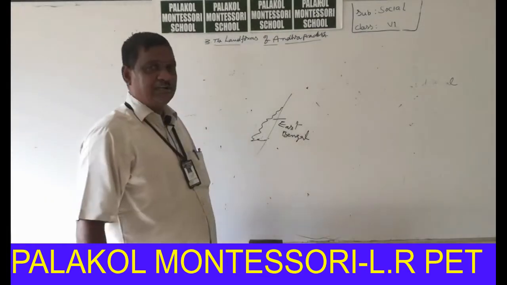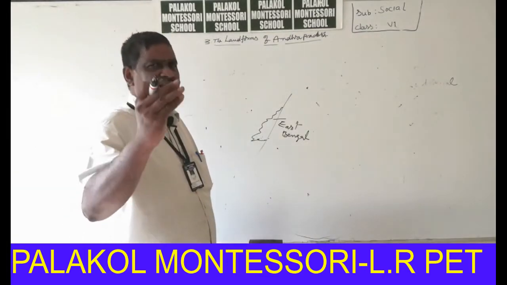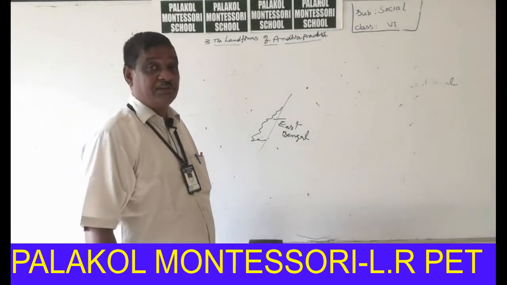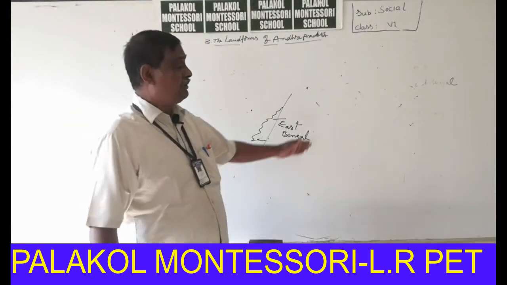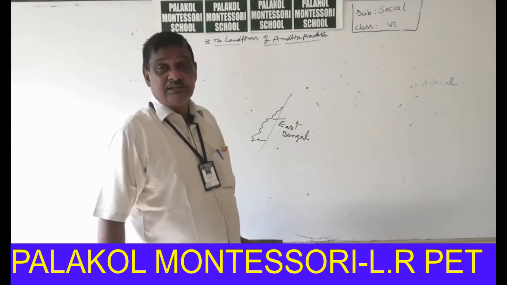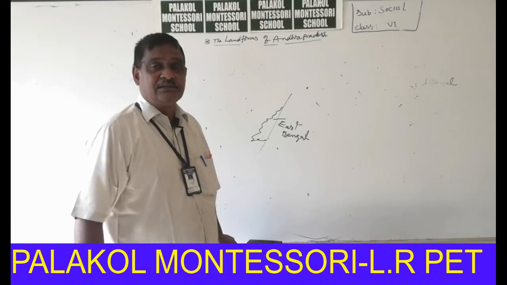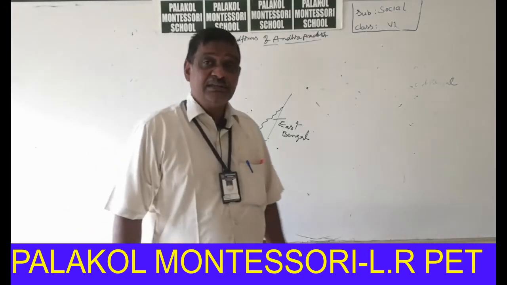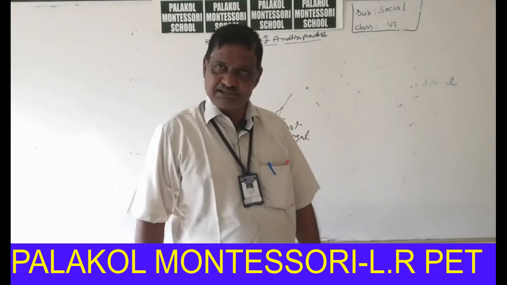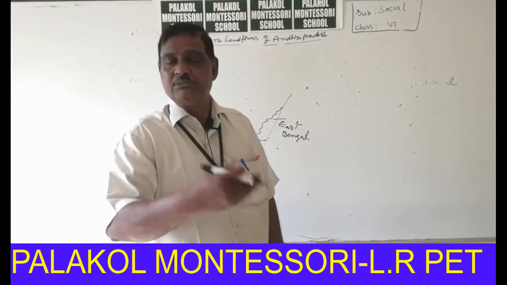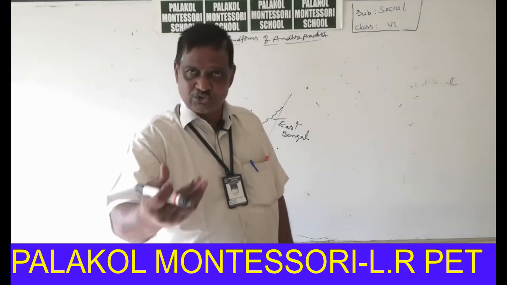Generally the plains have attracted many people. When you compare them to the mountain region and the plateau region, the plains attract many people. People are willing to settle in these coastal regions because of abundant water availability and fertile soils.